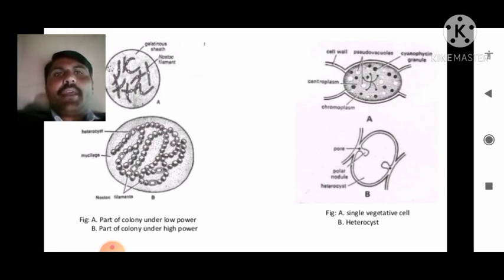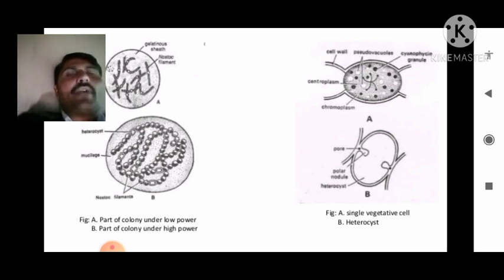In figure B, you can see the Nostoc filaments with the mucilage cavity and with the heterocyst present in it. In the B part of the figure, colony under high power.